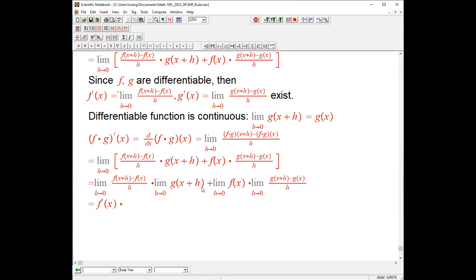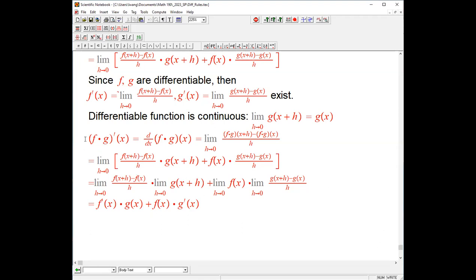Multiply, this piece is replaced by g. Adding, this is treated as a constant, so f of x multiplied by g prime of x. So that's how the product rule is proved.